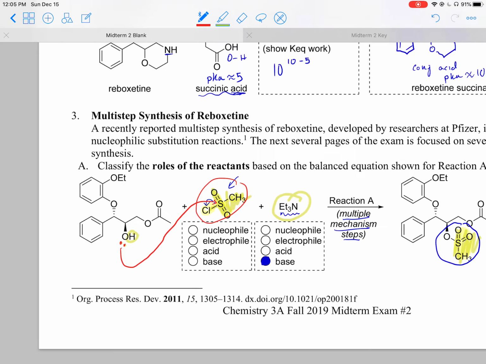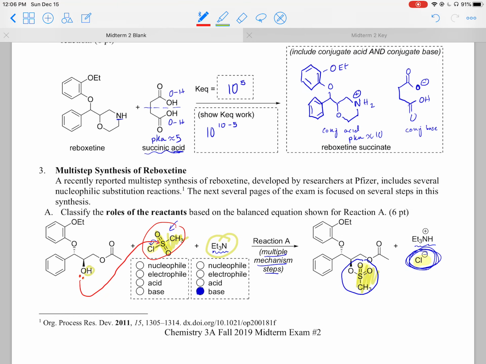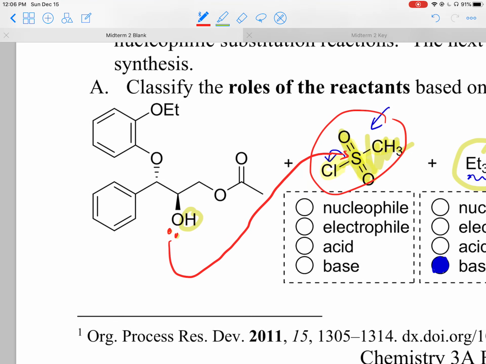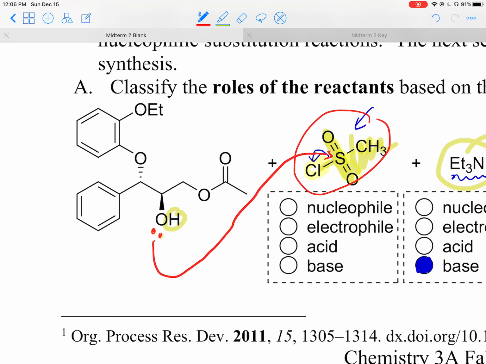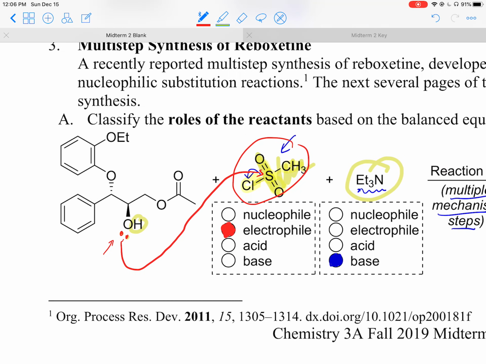You can see that's what's going to end up happening because the chlorine took its lone pair, and so it's the lone pair on the oxygen that's left after the hydrogen leaves that will be attacking the sulfur. And so the oxygen here is going to be the nucleophile. It's also the acid because it's donating a hydrogen, but at this part it's going to be the nucleophile, and the sulfur is going to be the electrophile because it's taking electrons into a bond that it didn't have before. And the oxygen is donating electrons to make a bond, which makes it the nucleophile.